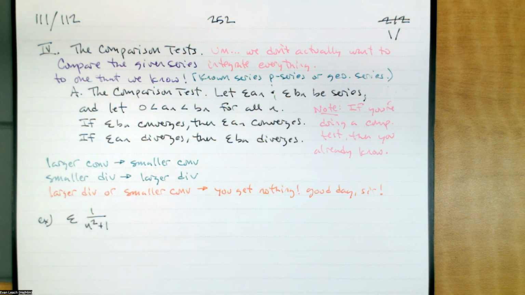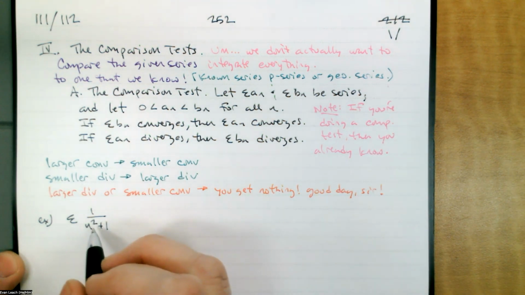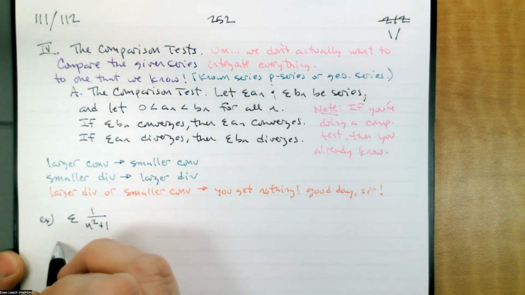So we're thinking for large values of n, this plus 1 doesn't mean very much. For small values of n, yeah, plus 1 is a big deal. But for large values of n, plus 1 doesn't mean very much. So we're looking at this and we're looking at what's important. And we're saying this looks like 1 over n squared. In our minds, we're saying, behaves like 1 over n squared.